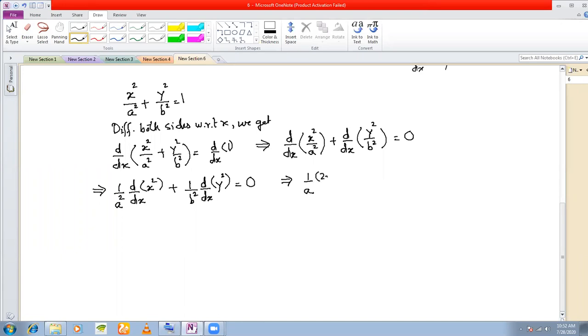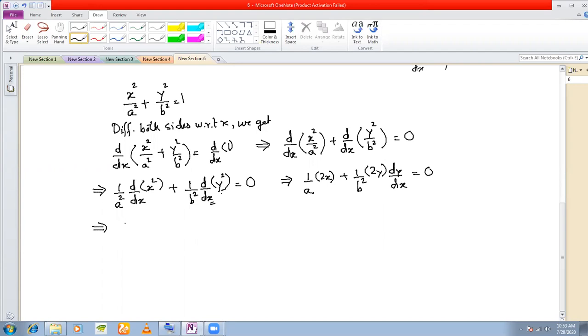It is 2x, right? Plus 1 by b square. What is d dx of y square with respect to x? 2y dy dx. Right or wrong?